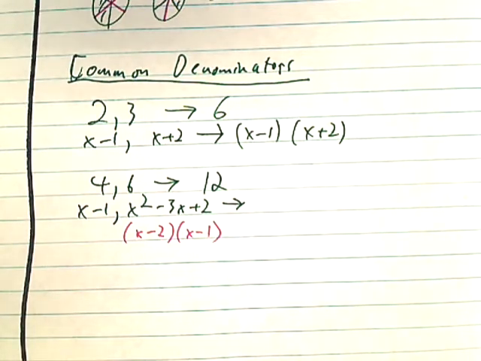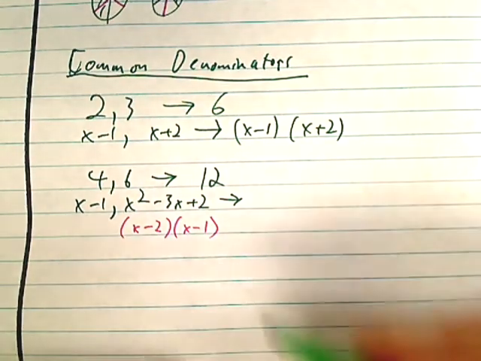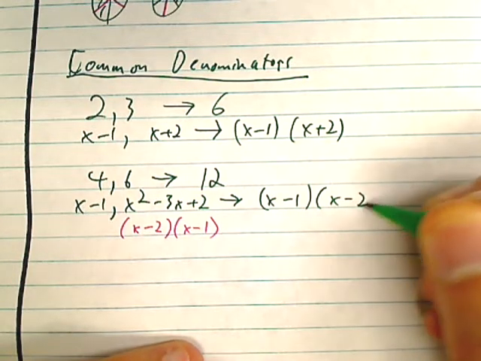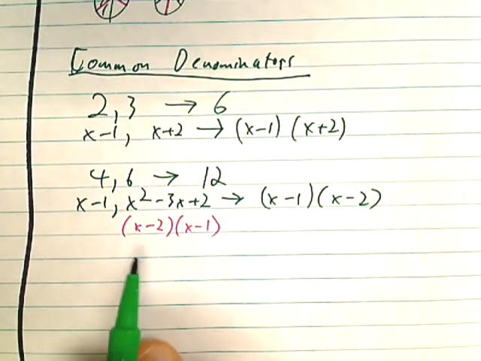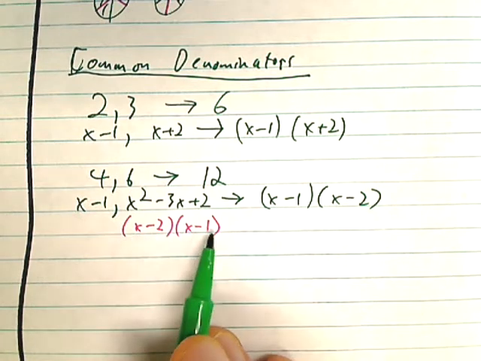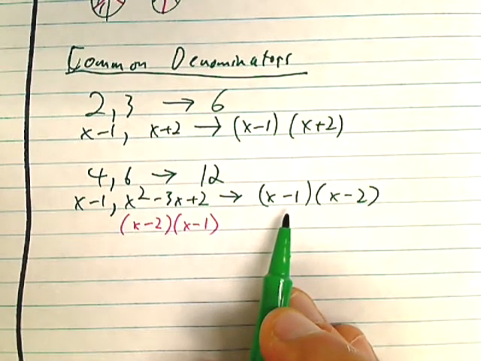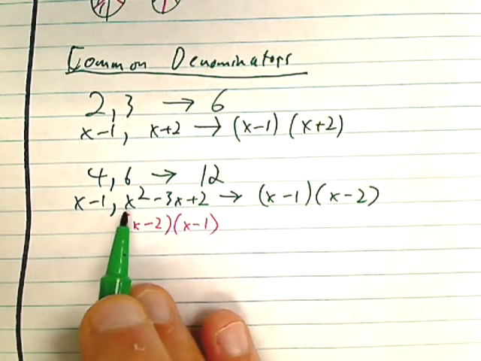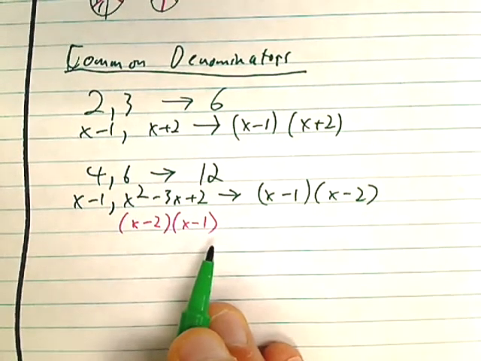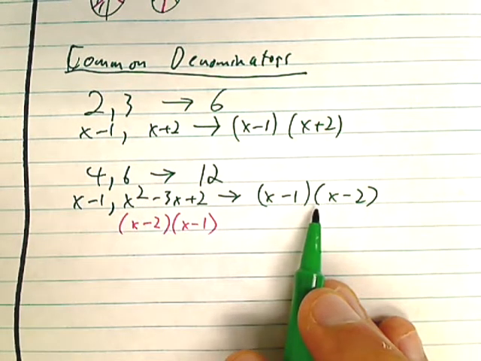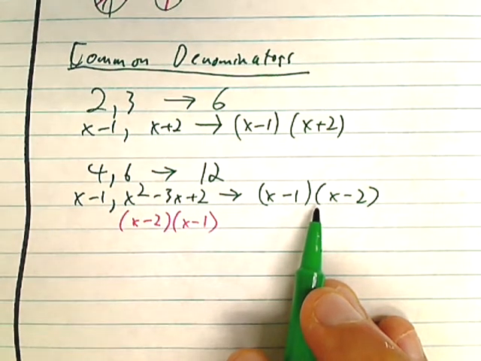And now I can see that these do have a factor that matches. So my common denominator is going to be x minus 1 and x minus 2. This will work for both of these, okay? It's the same as this, and this goes into it as well. There it is right there. So when you have a polynomial like this, factor it to see if we have any matches first. You could just multiply them together to get the common denominator, but that would be more complicated than this, and sometimes we have to multiply them out.